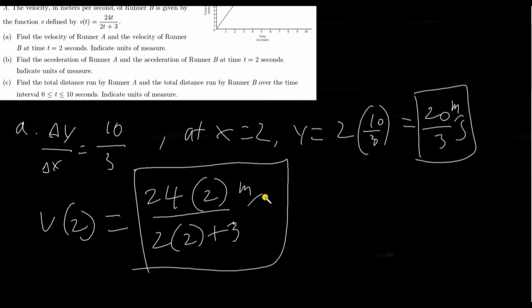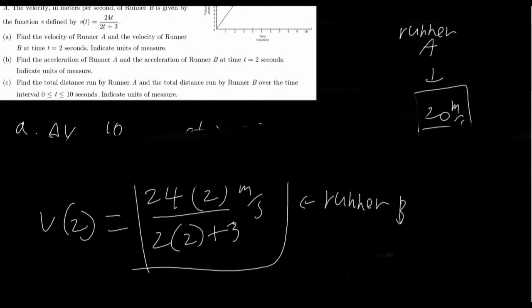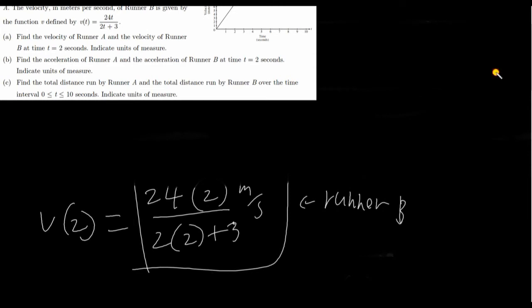So I can put meters per second there. I'm just going to label this as runner B, and this is runner A. Brilliant. And you'd get 1 point for getting runner A correctly, and another point for getting runner B correctly. Okay. Now let's look at part B of this question.